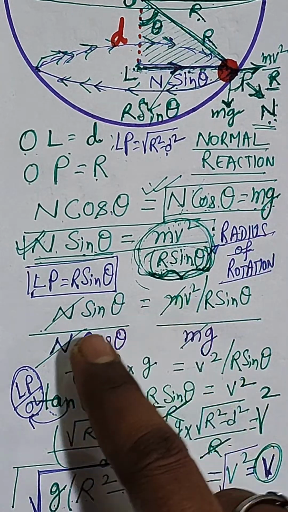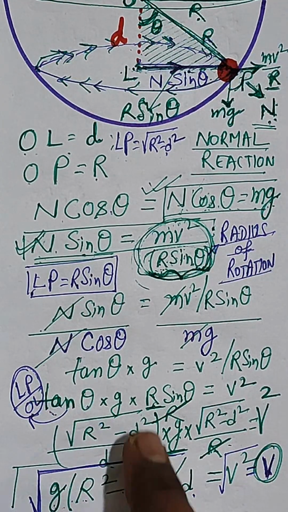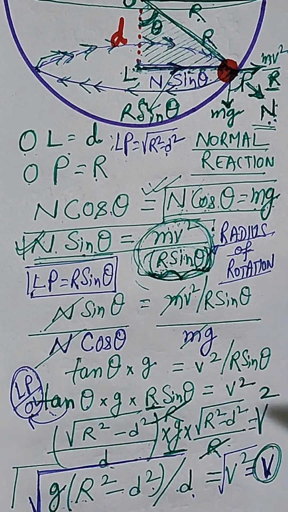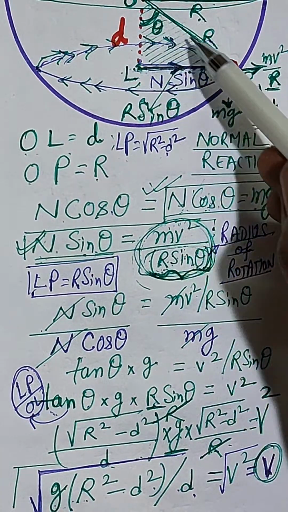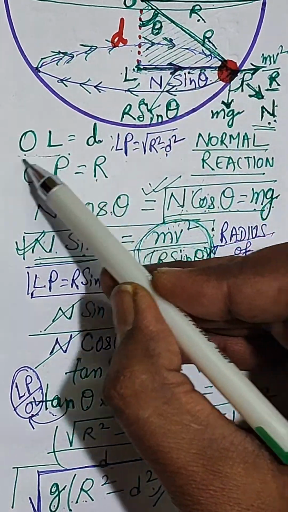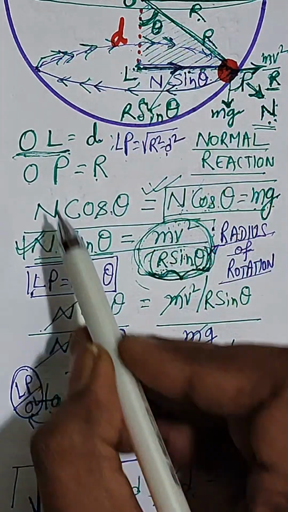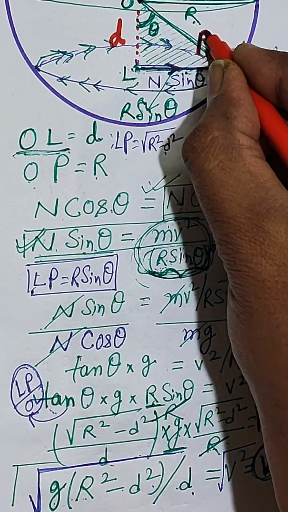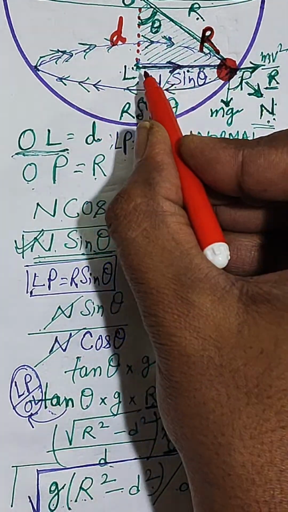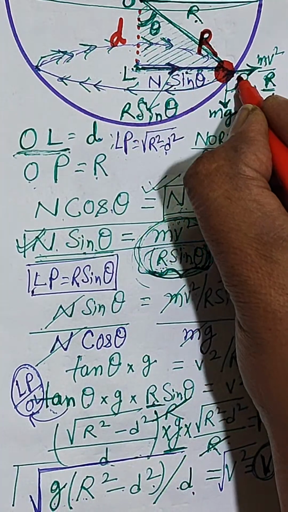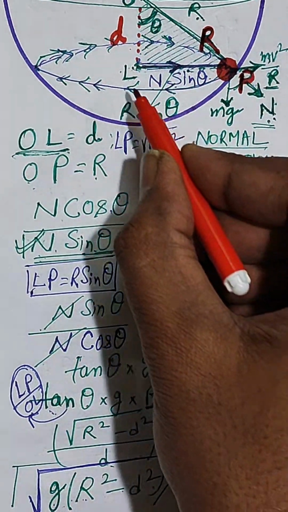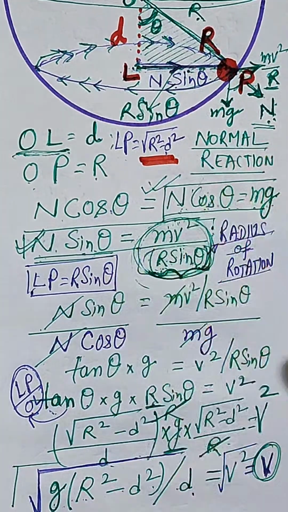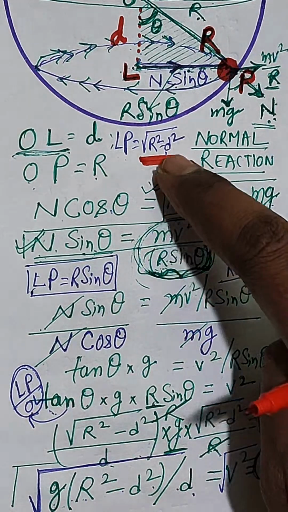So here m and n will be cancelled out, and when you solve it, put in the value of tan theta and sin theta, because in this triangle you know OL is D, OP is R, right? This radius is R. If this is P, then LP is root over R square minus D square, applying Pythagoras as we have calculated.